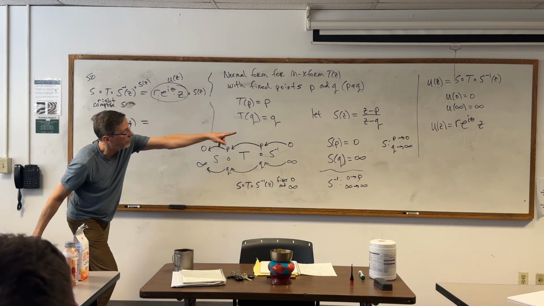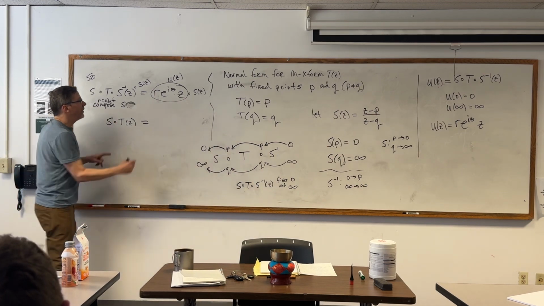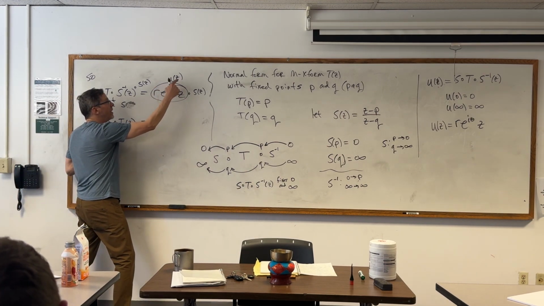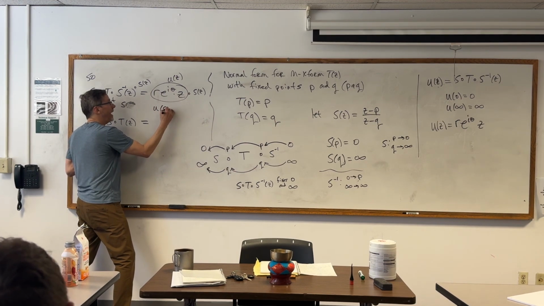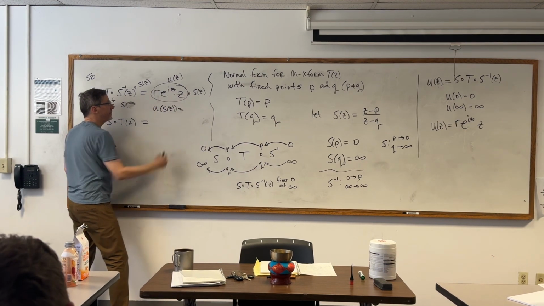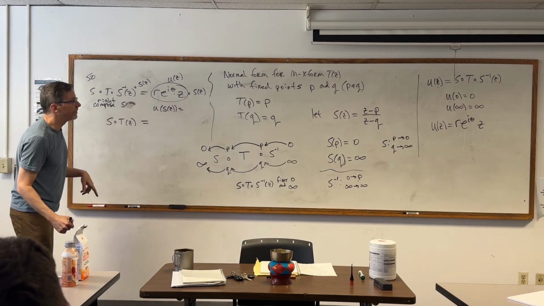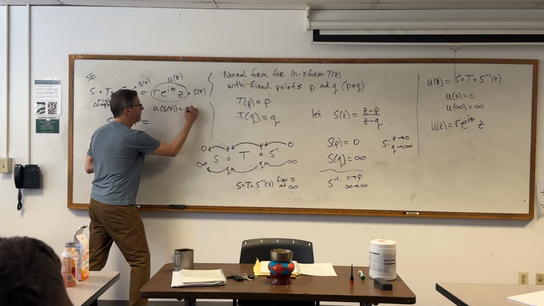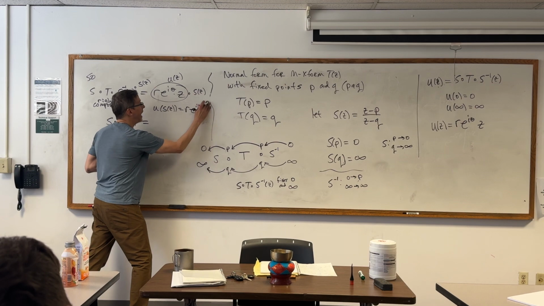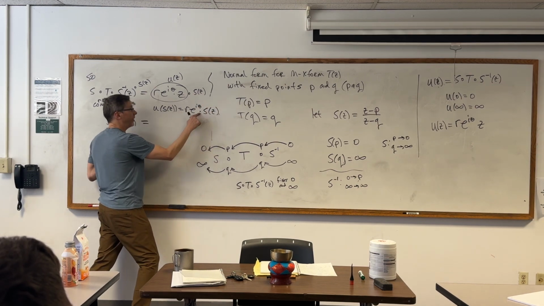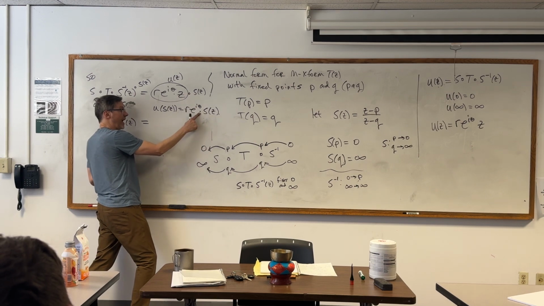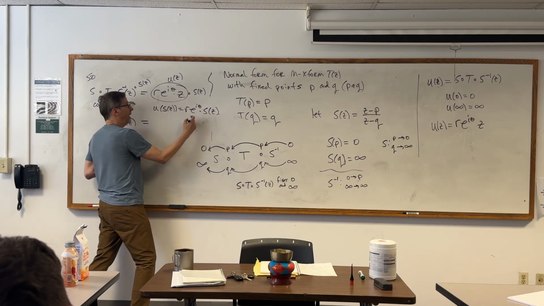That's that U thing right over there. So what does it mean to say U composed with S of Z? So U of S of Z is r e to the i theta times just S of Z. Now that's not composition, that's times.